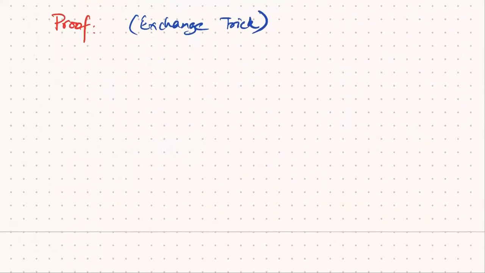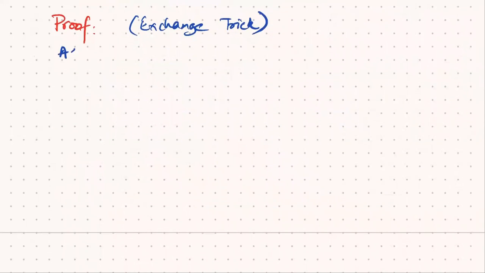Assumption one is that all the scores are different. This will just help us simplify the proof a bit, but it's not really essential to the correctness of the algorithm. It will just help us keep the proof simple.